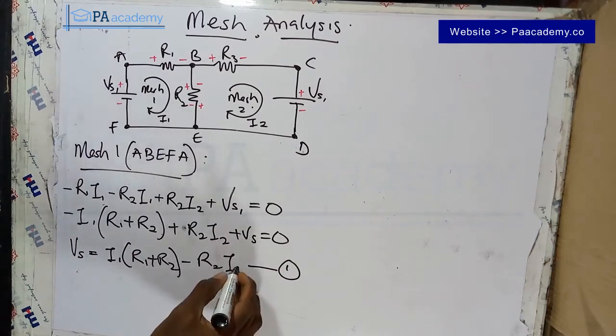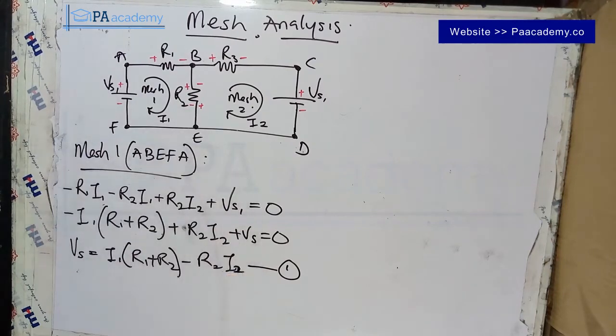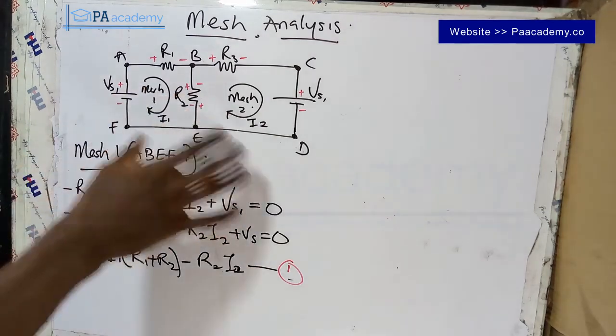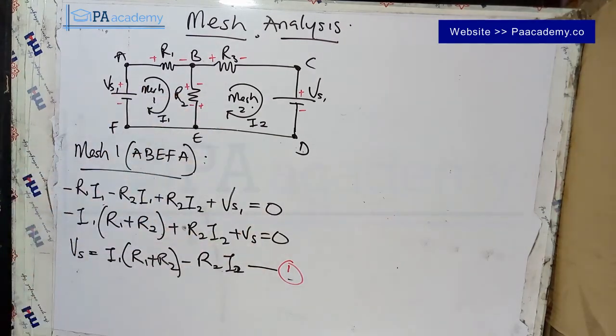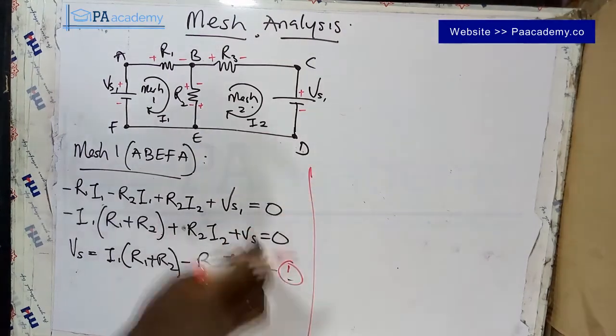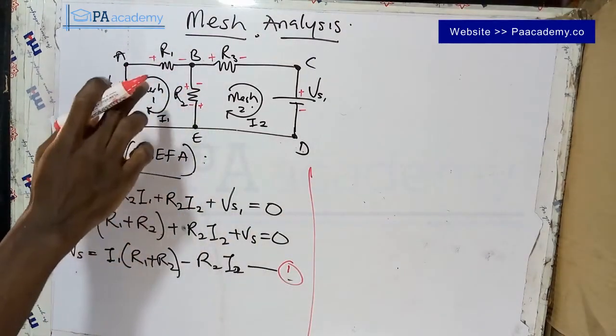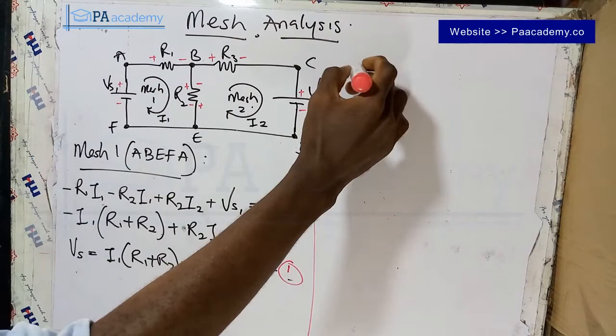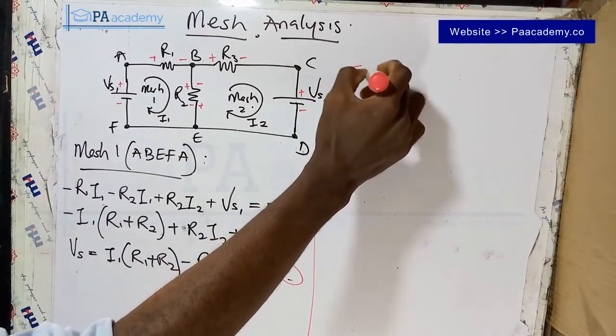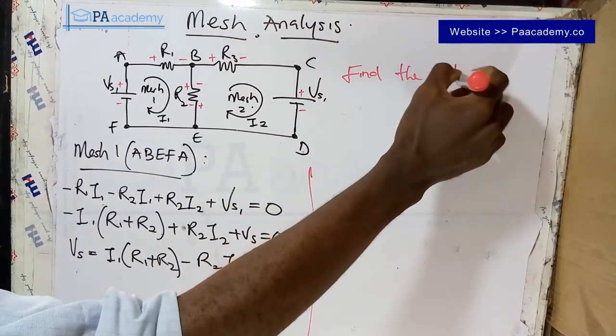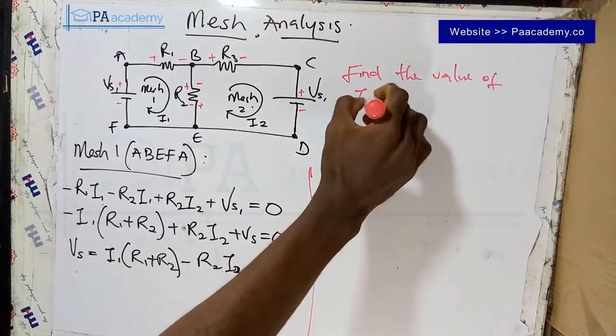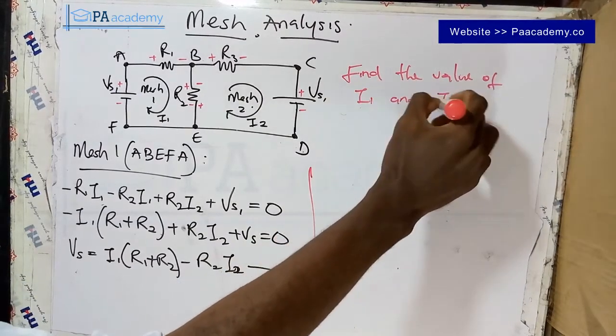Alright, so there's one thing I did not remember to mention at the beginning: what we are actually trying to calculate is, if you have a circuit like this under mesh analysis, and you are asked to calculate the current in each mesh, that means you are looking for the values of I1 and I2.